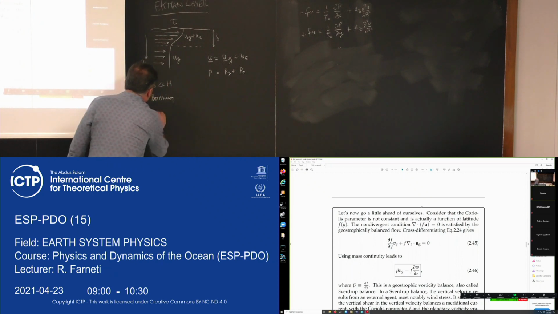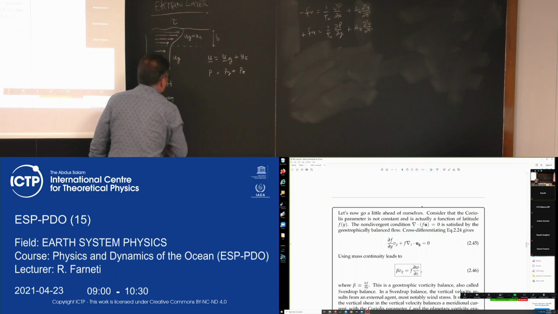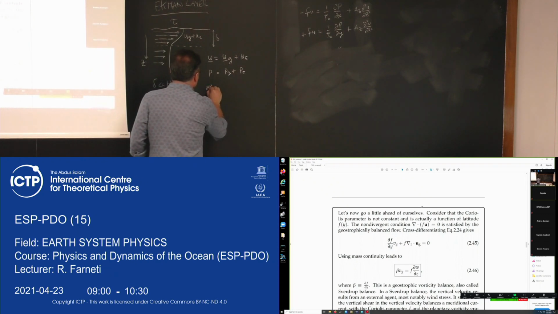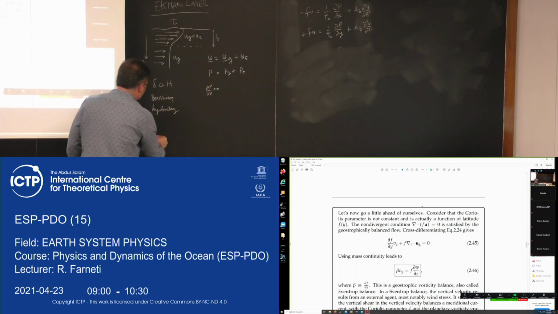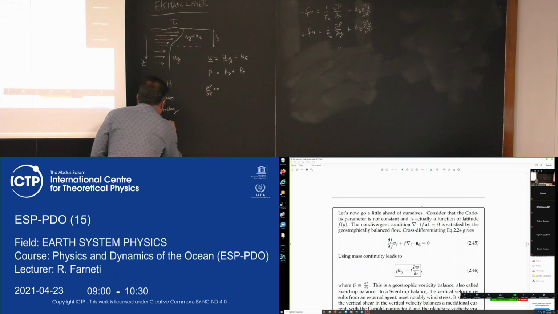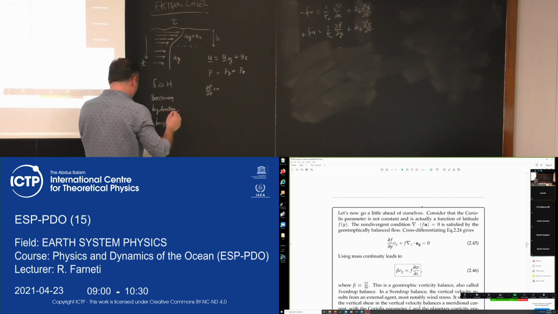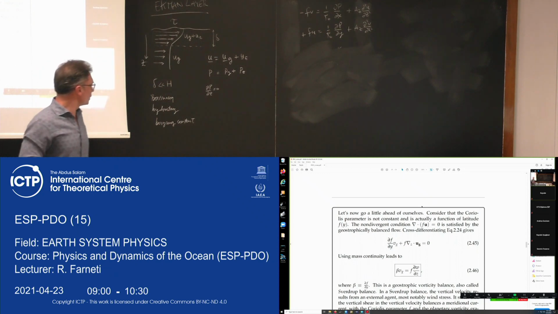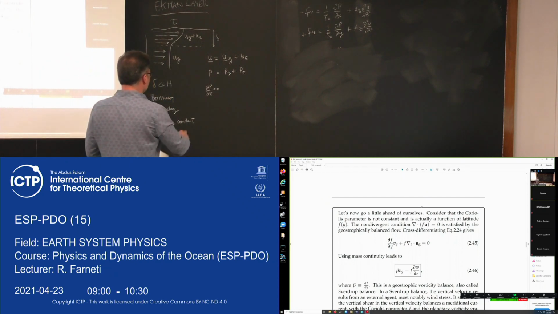So we use hydrostasy, as we said, so that dP by dz is equal to 0, also because we said that buoyancy is constant. Constant buoyancy? Yes, buoyancy. Constant, okay? So I add that. So the hydrostatic balance reduces to this.